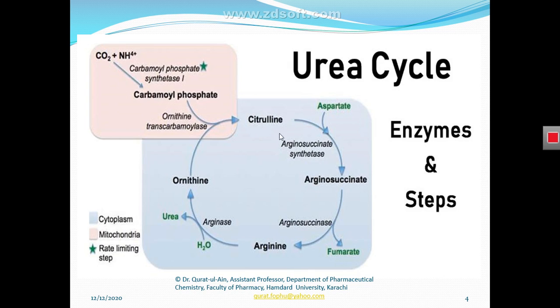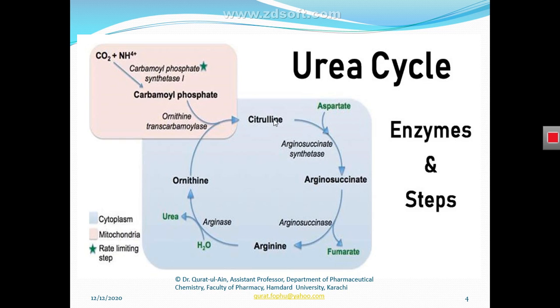Citrulline forms after the reaction of ornithine with carbamoyl phosphate. The enzyme ornithine transcarbamylase helps in this reaction, and as a product we get citrulline.